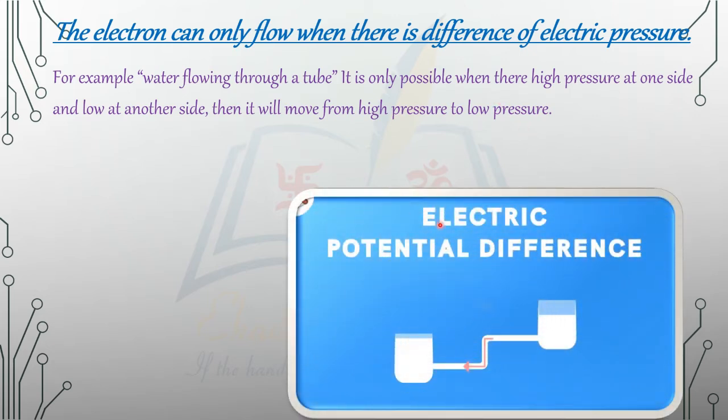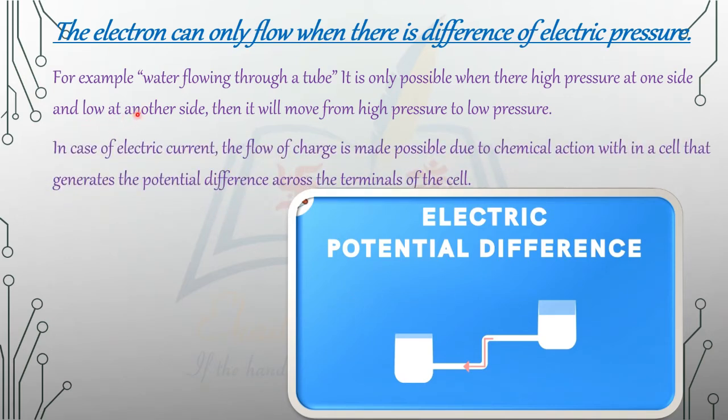Here, see, this tank is kept at a very high level, and this is a pipe. The pressure is passed through this pipe to the second tank, which will fill and overflow. This way only electrons can flow.